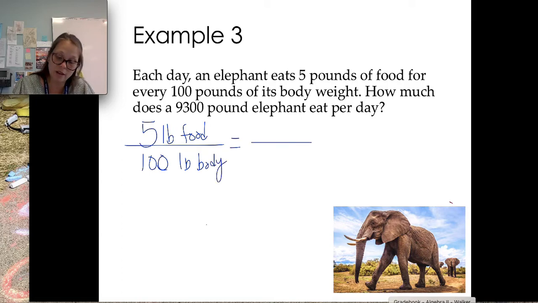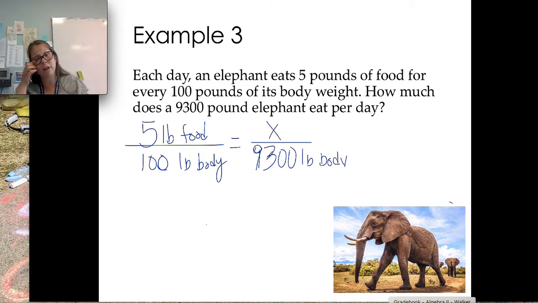And if we have an elephant that has a body weight of 9,300 pounds, we can set up this proportion to then figure out, well, how many pounds of food do they eat?